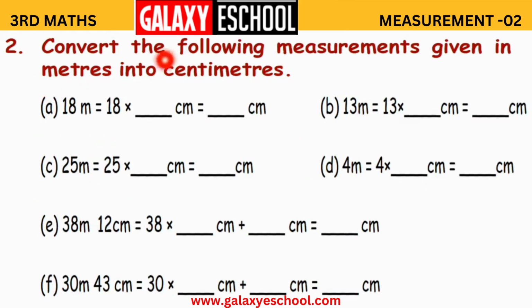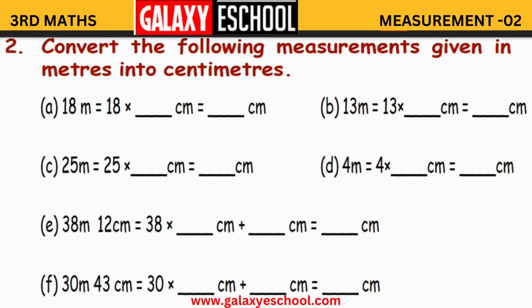Now next, convert the following measurements in meters into centimeters. Again, but what is the difference here? See, 18 meters is equal to 18 into dash centimeters. So what should we multiply 18 with? We should multiply 18 with 100, and upon multiplying, what will we get? We'll get 1800.